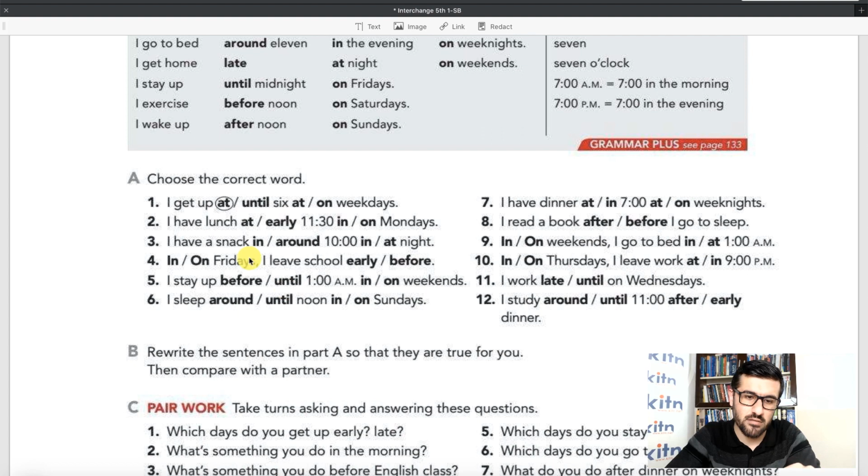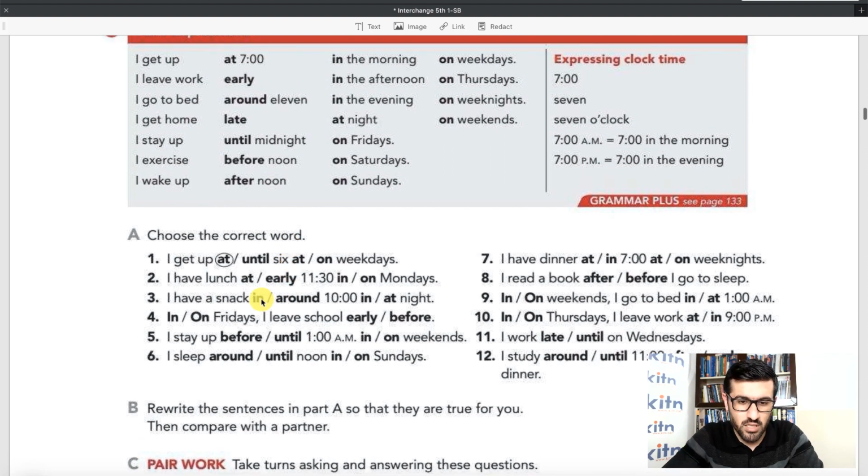Now, next, I have lunch at early 11:30 on Mondays. Which one? Well, I told you that with the times of the day, at again, and now I told you the days of the week we use on. I have a snack in and around.